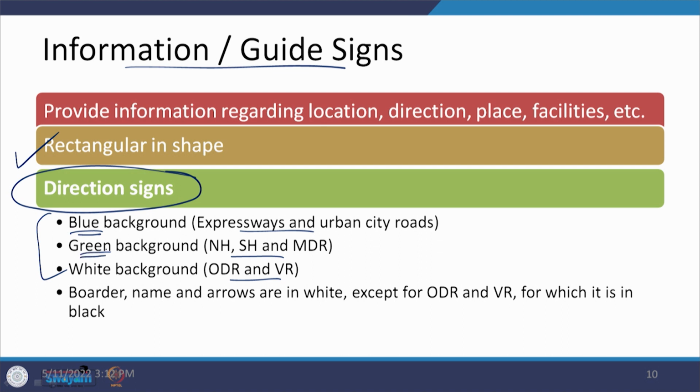And for the village roads or the ODR, we have the white background. So, these are the three colors we are using on these rectangular boards to provide information. Now, the border, name and arrows are usually in white, except for ODR and VR, in which case, because the background is white, these are depicted in black color.